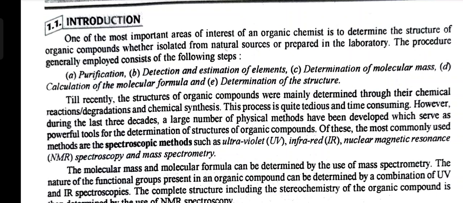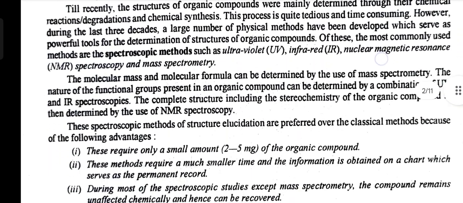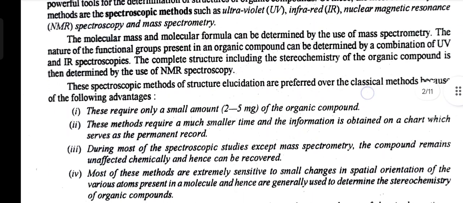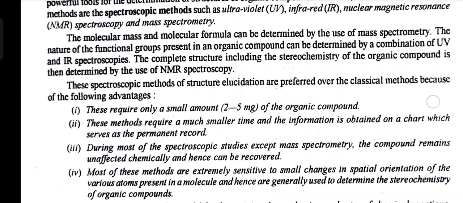Of these, the most commonly used methods are the spectroscopic methods such as ultraviolet, infrared, nuclear magnetic resonance spectroscopy and mass spectrometry. The molecular mass and molecular formula can be determined by the use of mass spectrometry. The nature of the functional groups present in an organic compound can be determined by a combination of UV and IR spectroscopies.